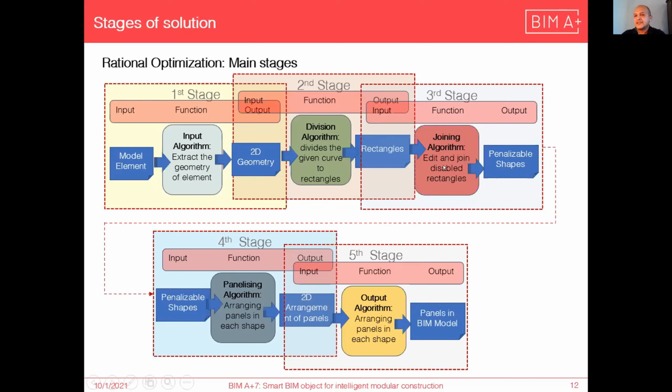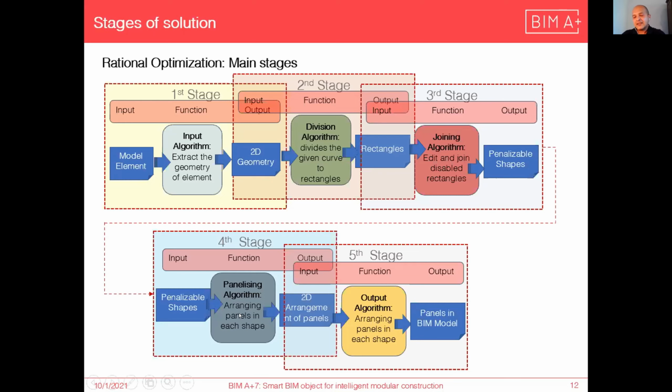After that, it passes to another algorithm, which I called the joining algorithm. It starts to find small rectangles that cannot be panelized according to the production rules that the fabricator introduced, and joins them with their neighbors.